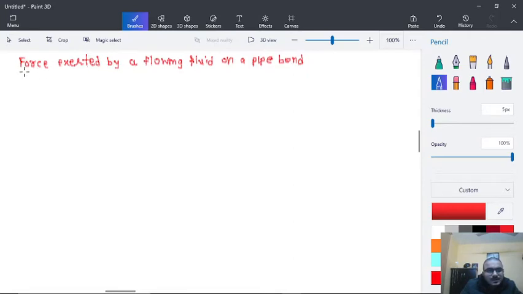Force exerted by a flowing fluid on a pipe bend. First we will draw a figure for this.